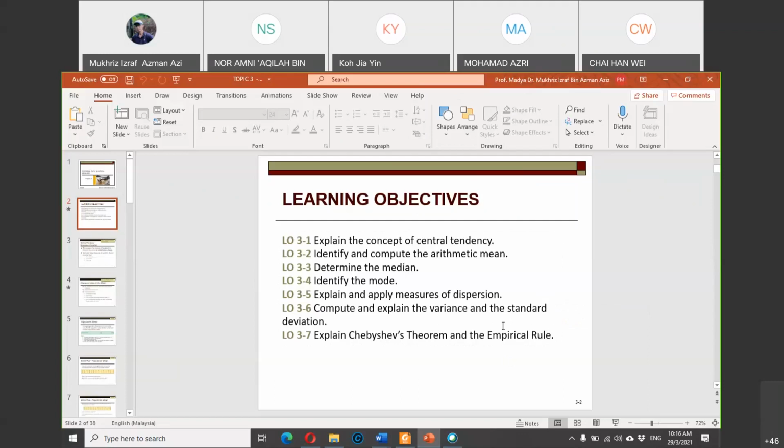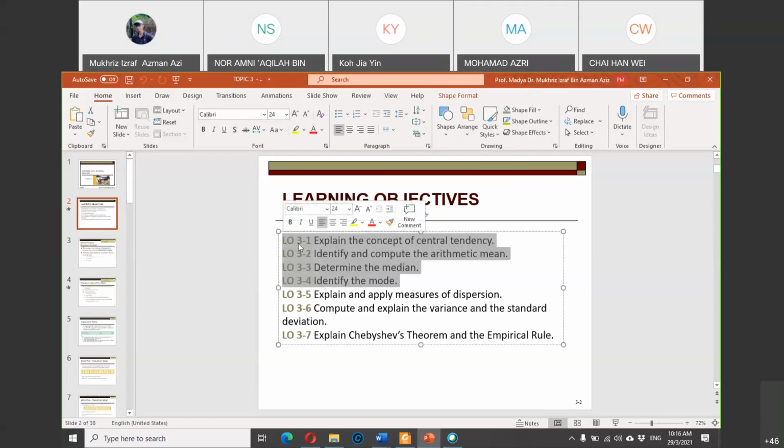empirical rule as well. So for today's lecture, we're going to cover items 1 until 4: the concept of central tendency, mean, median, and mode. So we're going to cover these first 4 components.